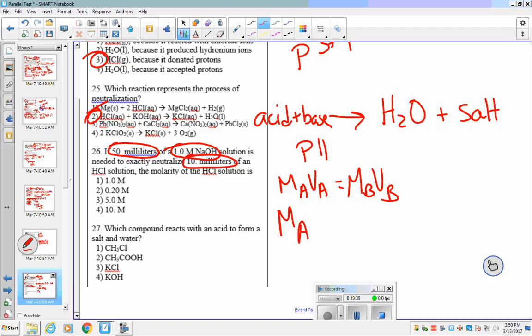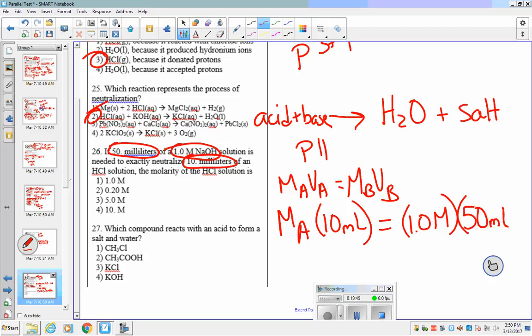So we're looking for the molarity of the acid. We're multiplying that by the volume of the acid, which is 10. And we have a 1 molar basic solution that we're using 50 milliliters of. If you were to reverse the sides of these, it's not a problem as long as that 10 milliliters is grouped with your variable and the 1 molar and the 50 milliliter go together. And that gives us a 5 molar solution.